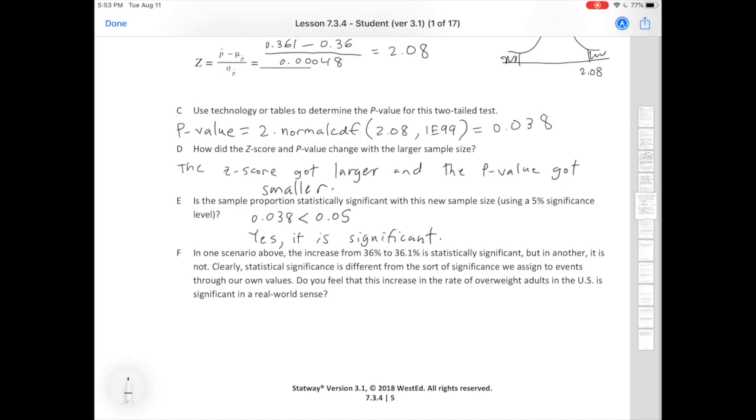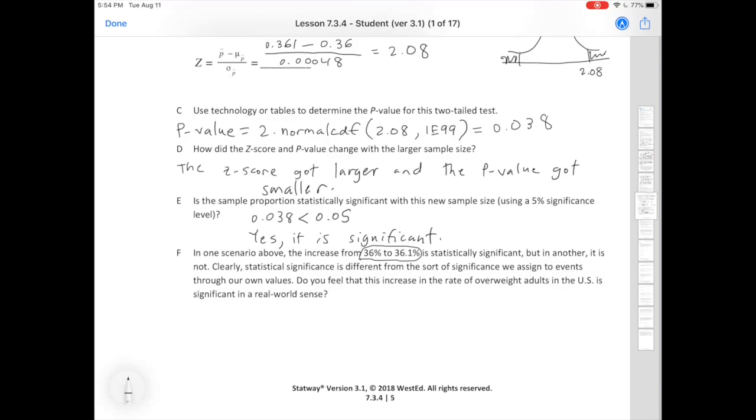Do you feel that this increase in the rate of overweight adults in the US is significant in a real-world sense? So this is sort of a judgment call, right? Because if you go up from 36% to 36.1%, does it actually matter is what they're saying. Like, is that big enough that we should be worried? And this will depend on who you talk to, right? So this is a judgment call.